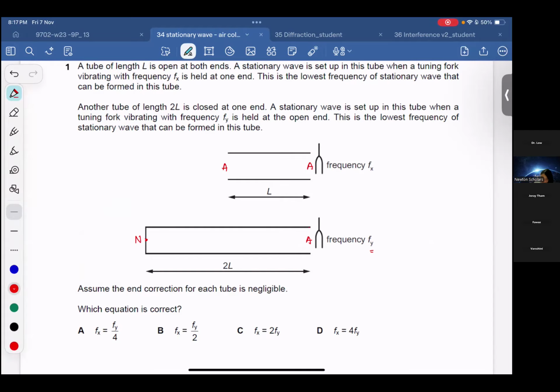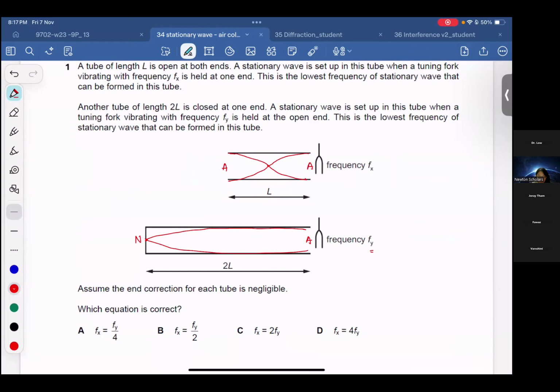So if it is like this, then your pattern should be like this, because this is the lowest frequency. If the antinode is here, it will be like this, then go here. For my diagram, is it okay?